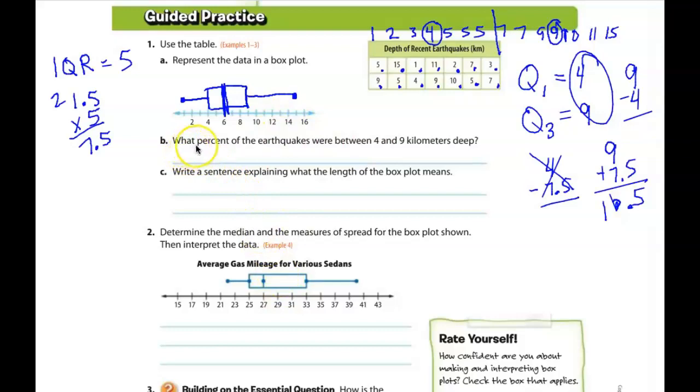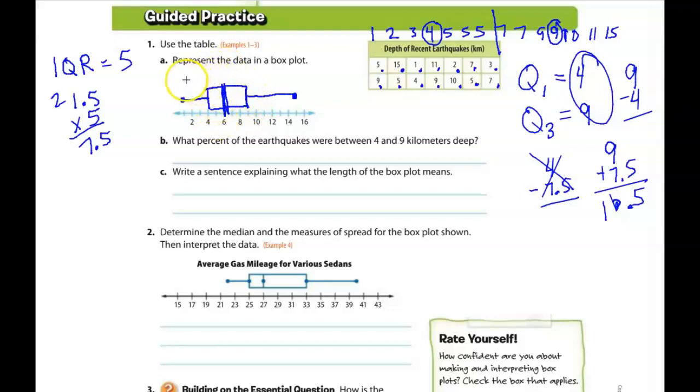The first question is, what percent of the earthquakes are between 4 and 9 kilometers deep? If you'll notice, we have 4 right here, and we have 9, which is quartile 3, and then 4 is quartile 1.